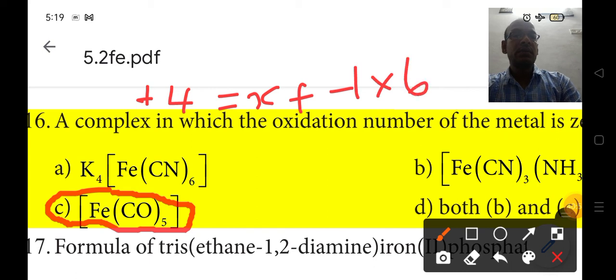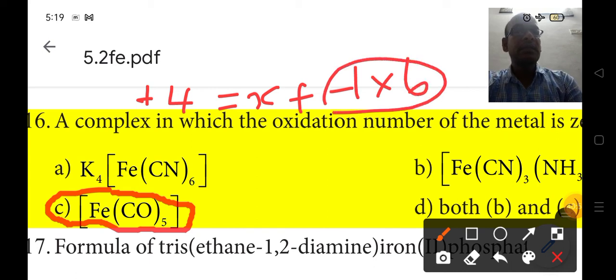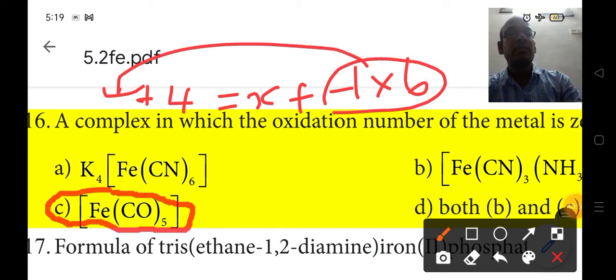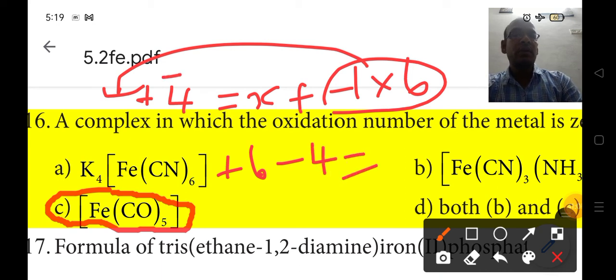This minus 6 comes to this side, so plus 6 minus 4. Therefore, our answer is plus 2.